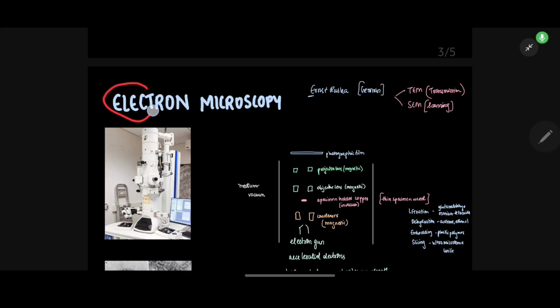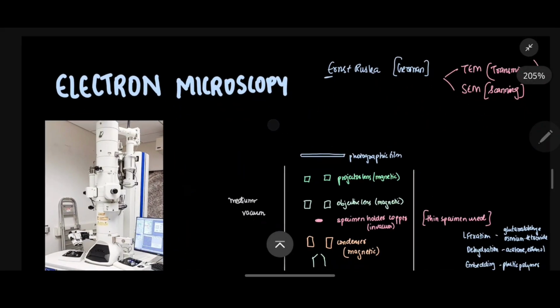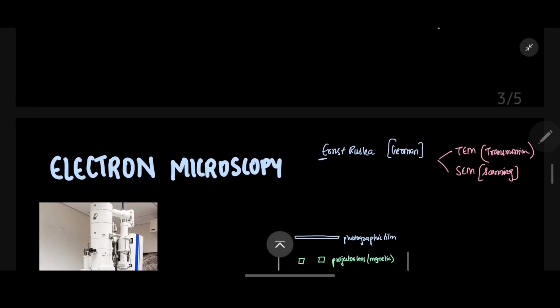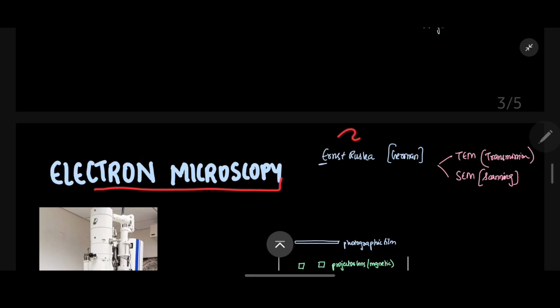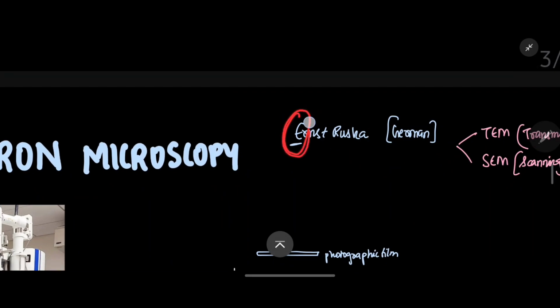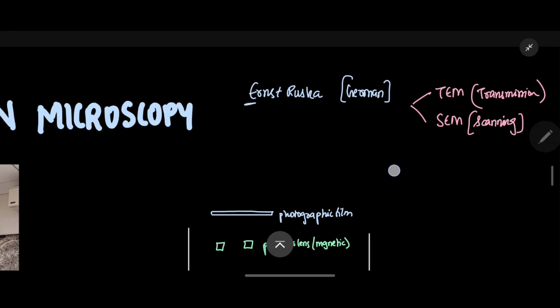So electron microscopy, as the name suggests, is going to use electrons to observe the specimen. Okay, so electron microscopy was discovered by Ernst Ruska. We have discussed this in scientists and their discoveries. So his name starts with an E. That's how you remember that he discovered the electron microscope.